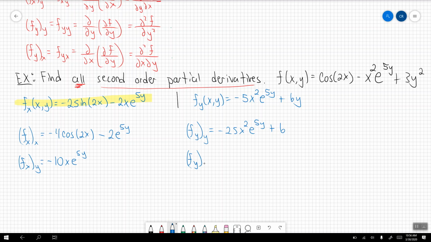Then taking the derivative once again for this function, we want to take that derivative with respect to x now. So the last term 6y is going to be a constant that goes to 0. The first term here is going to be negative 10x e to the 5y.